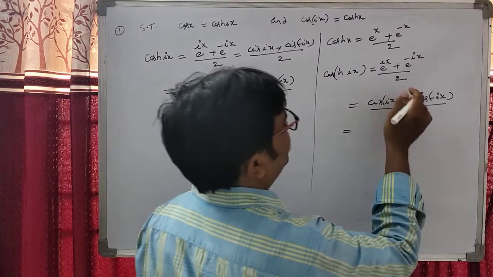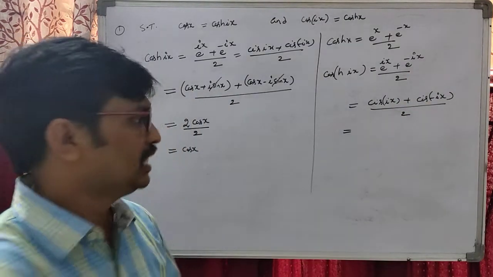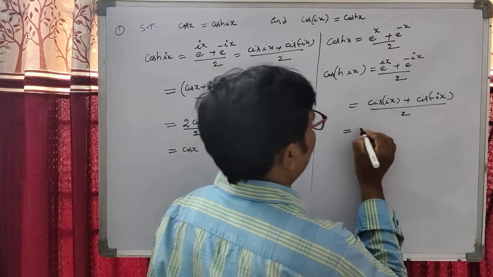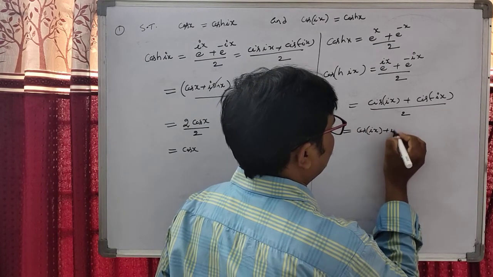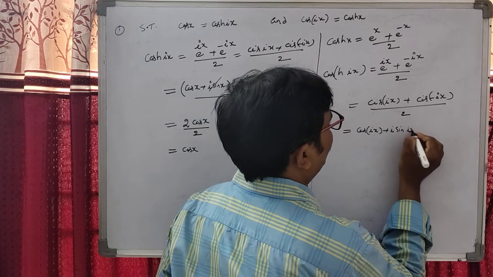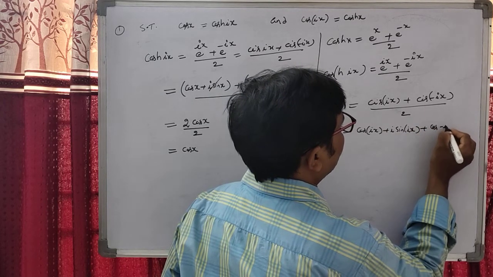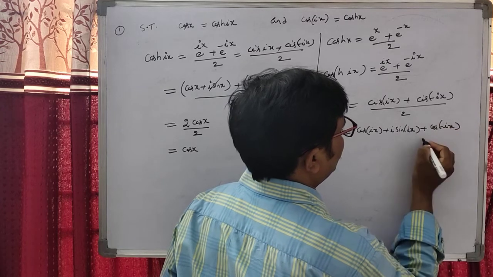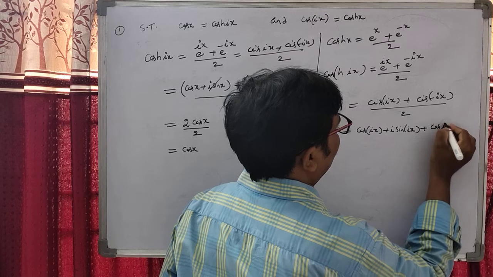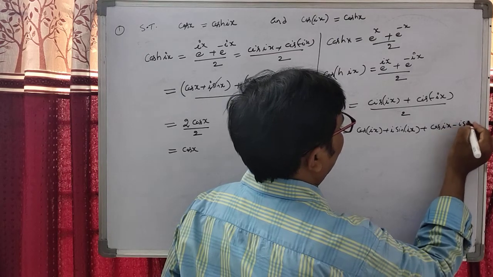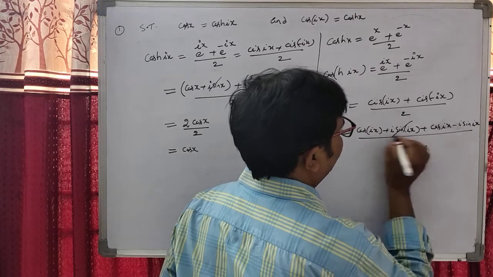So this is cis of ix, and this is cis of minus ix. Cis theta is cos theta plus i sin theta, so cos of ix plus i sin of ix. This is cos of minus ix. Directly you can write it as cos of ix minus i sin of ix, whole by 2.